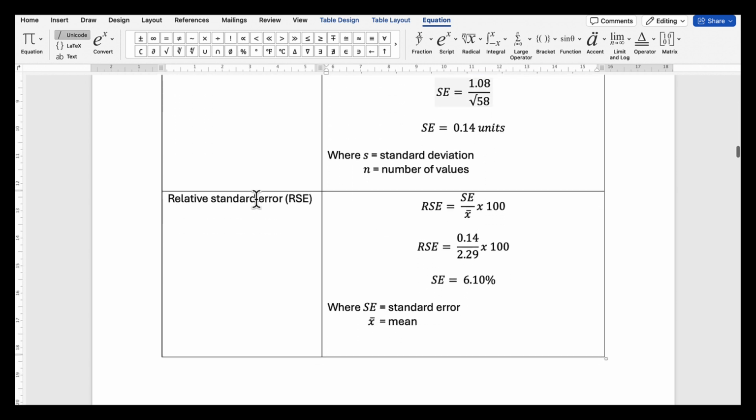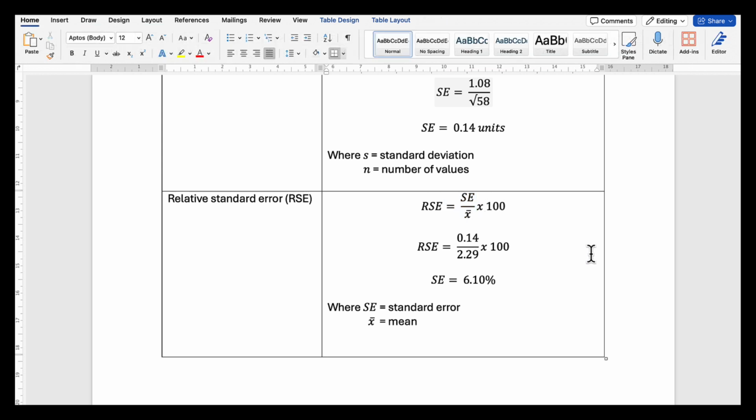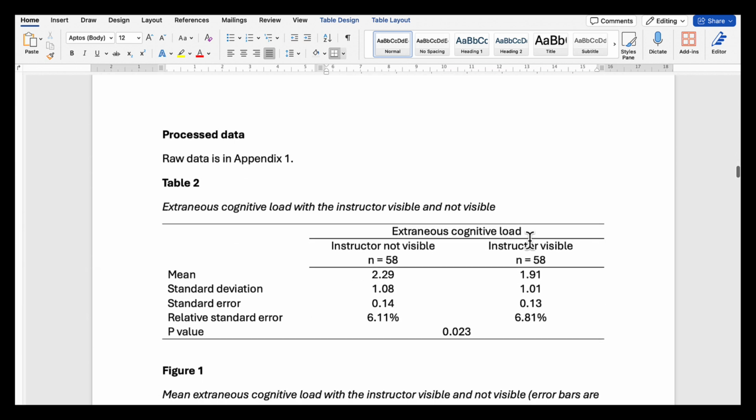Okay, now what do we do? Relative standard error, well, as you can see, it's standard error divided by the mean times by 100. So what it does is it allows you to compare the uncertainty between your conditions by comparing it to the mean. So that's really handy.